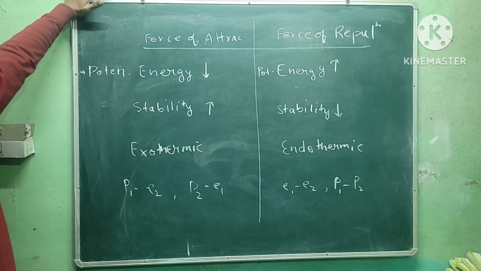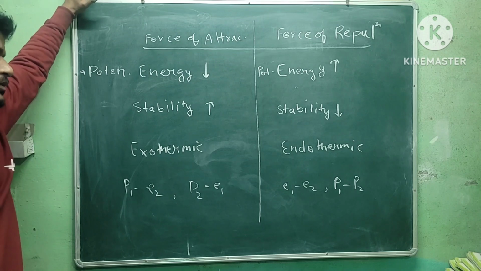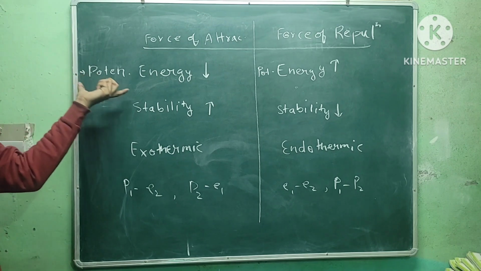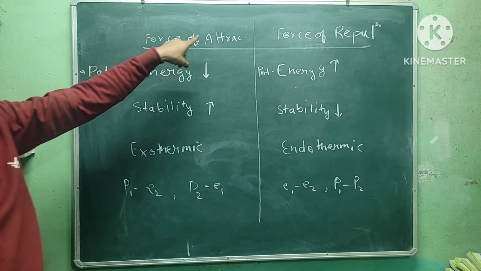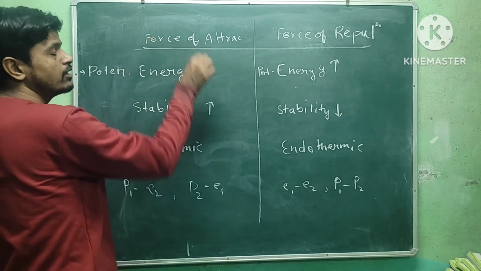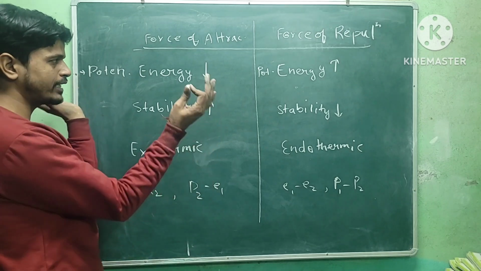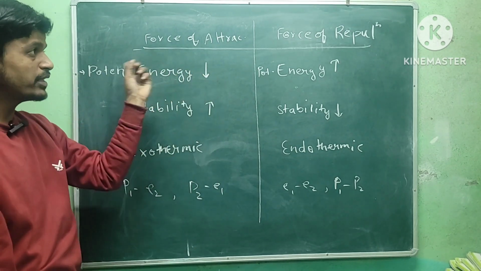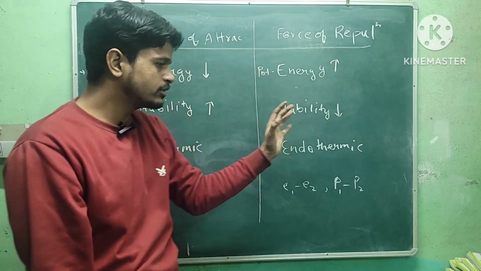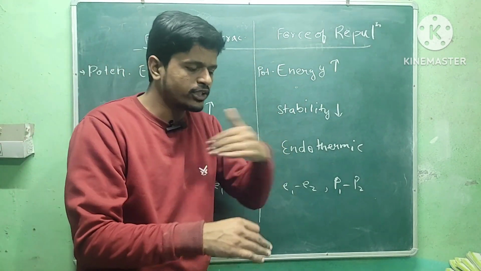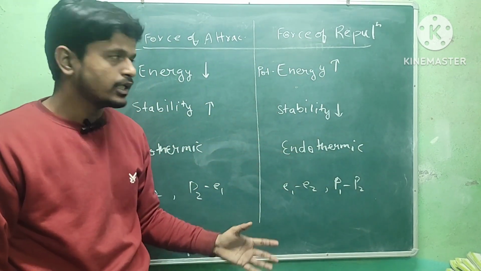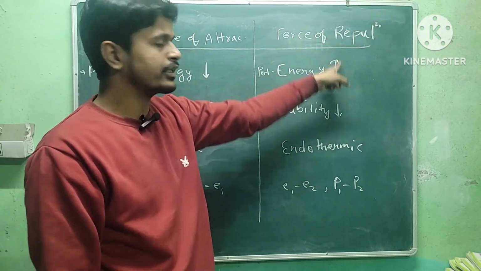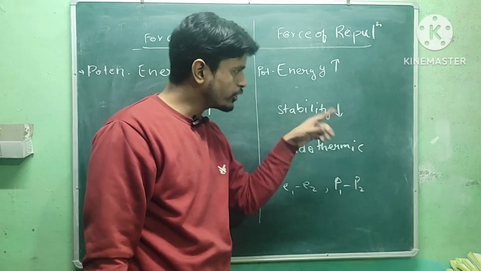From the discussion, the first conclusion is that when the force of attraction dominates and two atoms come closer, potential energy starts decreasing. But when attraction becomes equal to repulsion, then repulsion starts increasing and potential energy starts increasing.